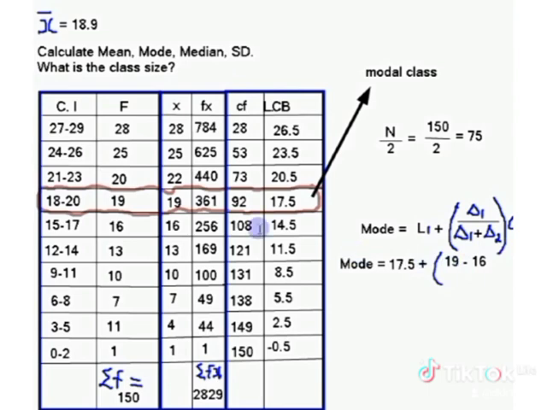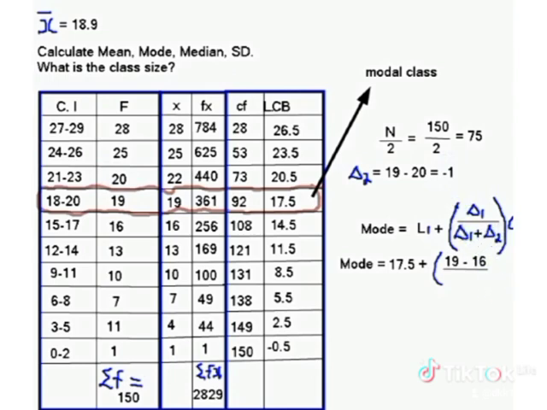So I have 19 minus 16, divided by. But before we divide, let us find delta 2. Delta 2 is the difference between the frequency of the modal class and the postmodal class. The postmodal frequency is 20. So I have 19 minus 20, to give me minus 1.